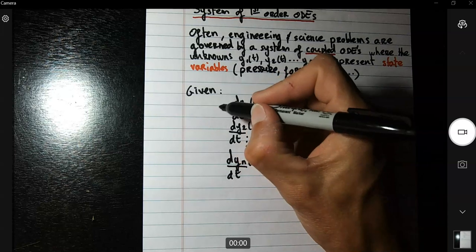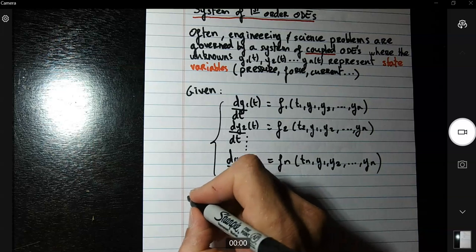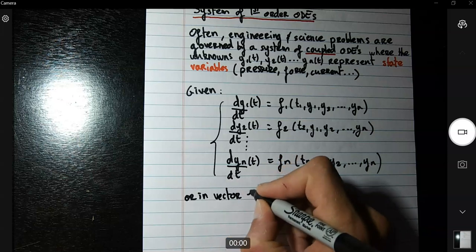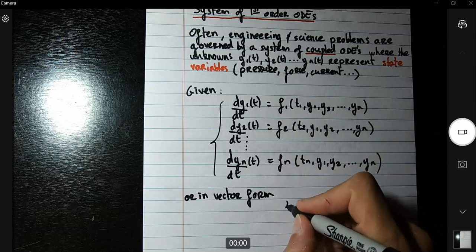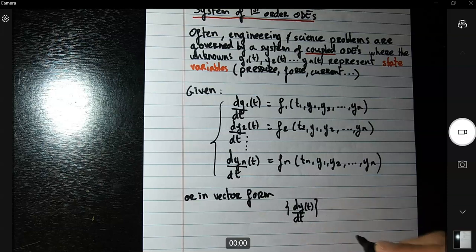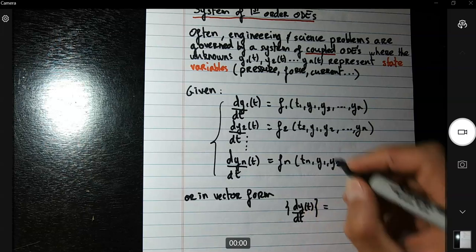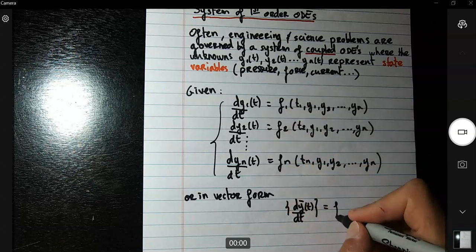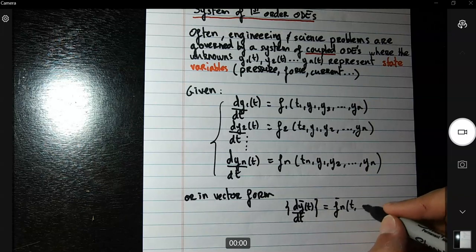Or I can just rewrite this system in a more compact form, or in vector form. Basically all these equations would be dy/dt of t, and this should be equal to a vector of functions f in function of t and y.